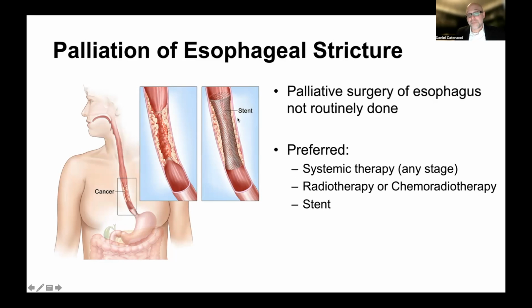And also, they're not perfect. This is sort of a stiff stent. And so when you eat, normally in a normal esophagus, the esophagus stretches and it can accommodate the food coming through, as opposed to a stent like this, which is sort of fixed and stiff.